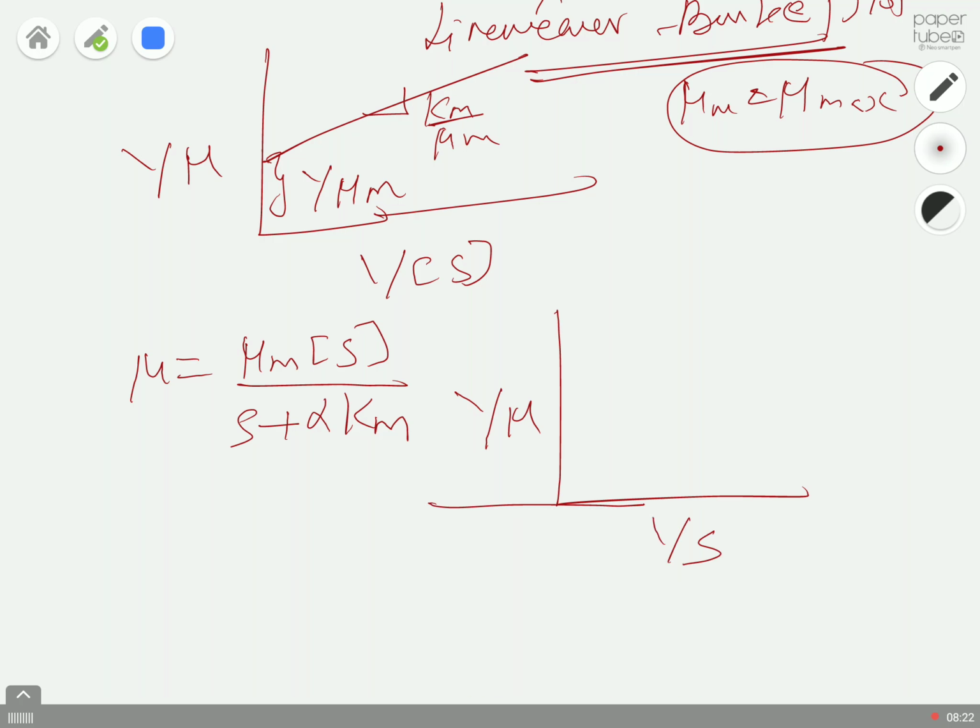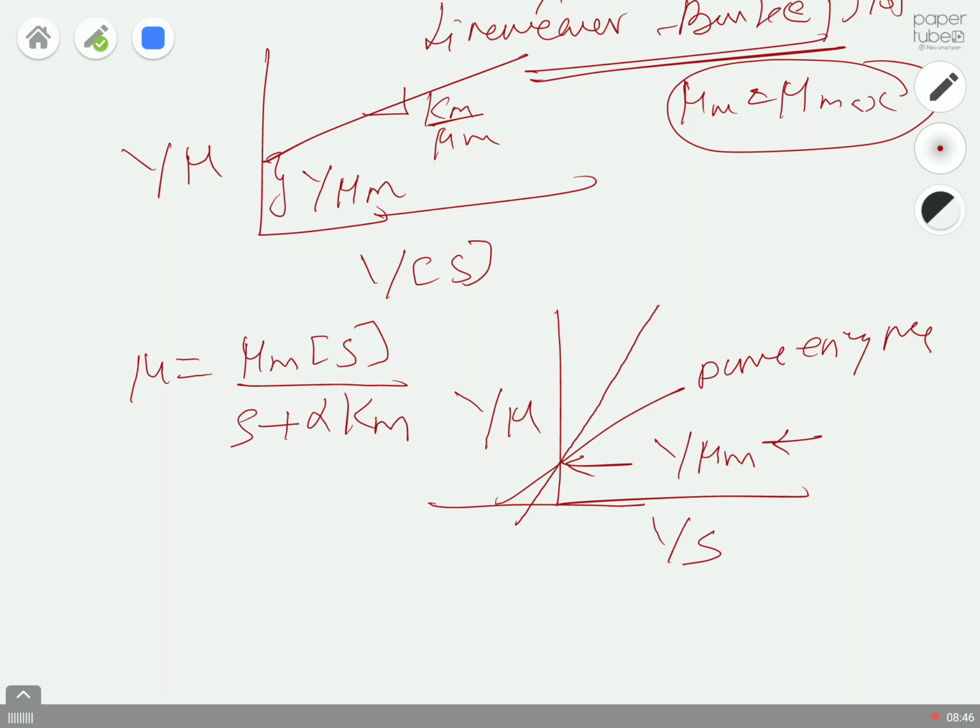So in this case, what you will see is, if this is for your pure enzyme, and you have a competitive inhibitor, the line will go something like that. You will have the same intercept, 1 by mu m, which means your mu max will not be affected due to the presence of a competitive inhibitor.